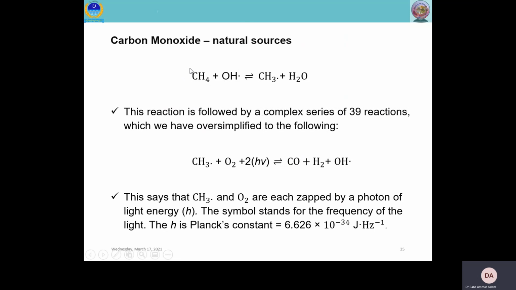The reaction actually starts when methane reacts with a compound of oxygen and hydrogen, right?